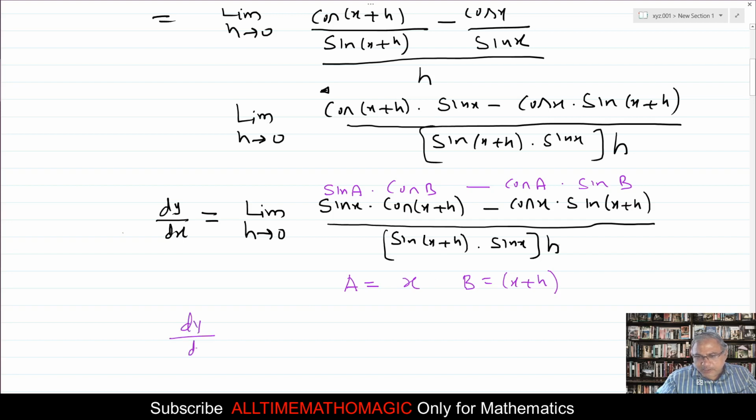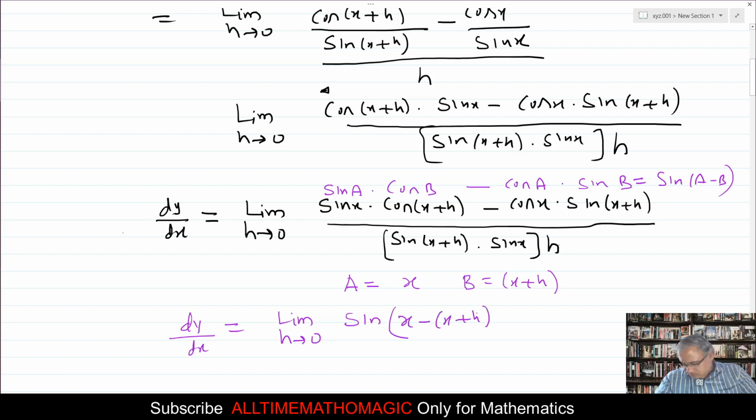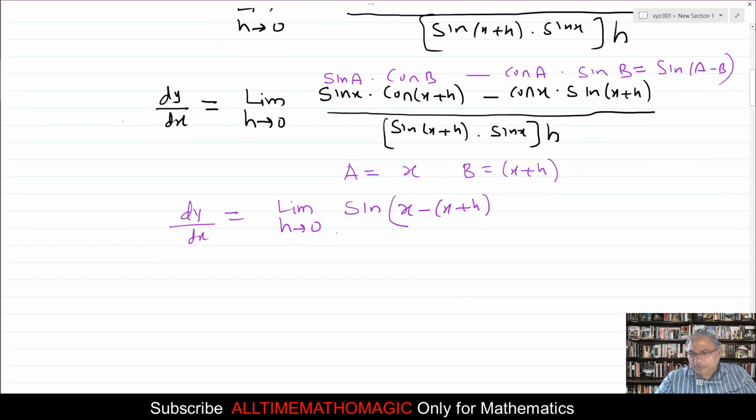This formula sin A cos B minus cos A sin B equals sin of A minus B. Therefore dy by dx equals limit h tending to 0 of sin of A minus B, A being x and B being x plus h, upon sin of x plus h sin x, divided by h.